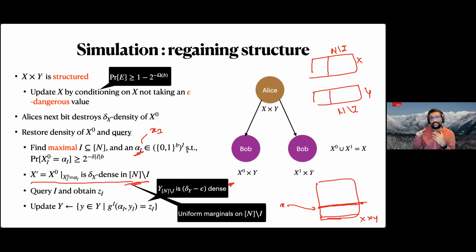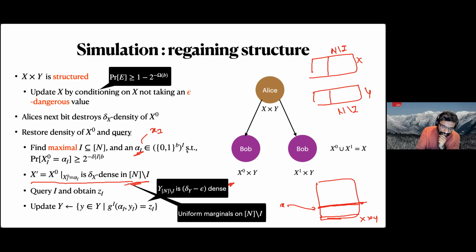This is where, in the high level overview, I mentioned that the leaves that we sample using the decision tree won't exactly be the leaves that we would have sampled if we were sampling from XY, which is uniform over G inverse of C. It's only statistically close to that distribution.